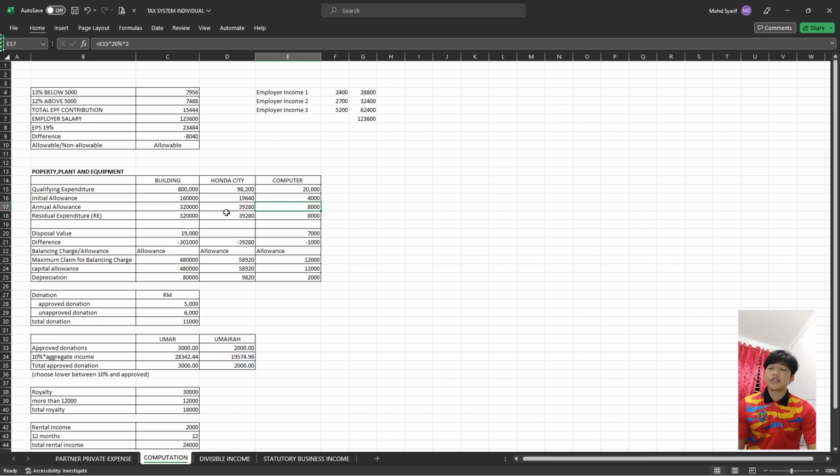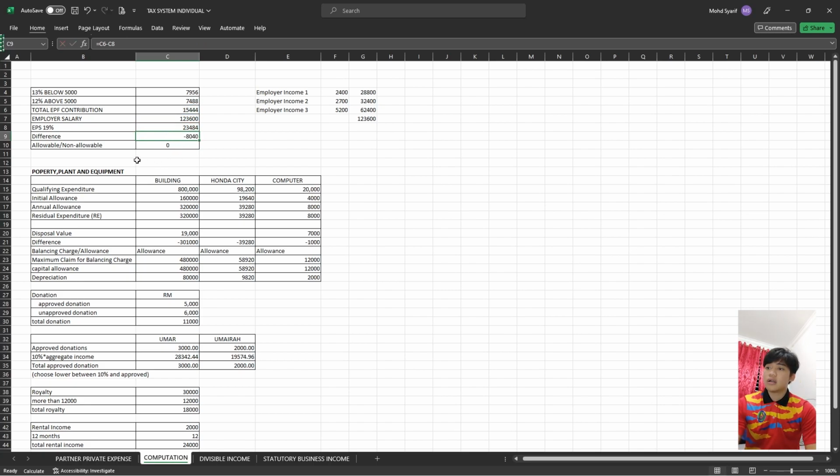We see that I have two employers with different salaries, some below 405,000 and some above, which apply 30% and 12%. I apply it in my system and get the total EPF contributions. For this total EPF contributions, we have the allowable and non-allowable effect, which is employee salary minus EPF contributions.